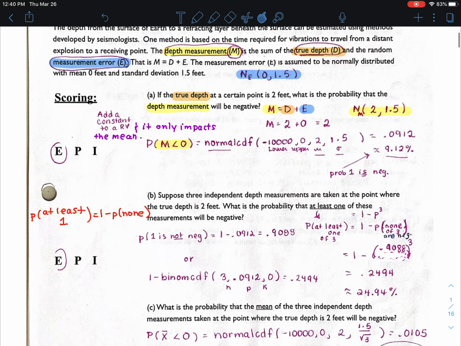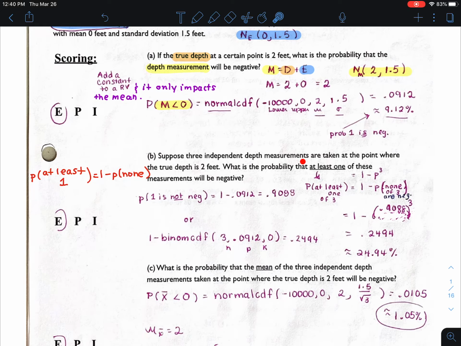Okay, so when we get down here into part B, it's now saying, let's say that instead of taking a single depth measurement, you took 3 independent depth measurements at the exact same point where we knew that the true depth was that 2 feet. What's the probability that at least one, there's that buzz phrase, at least one of these measurements will be negative?